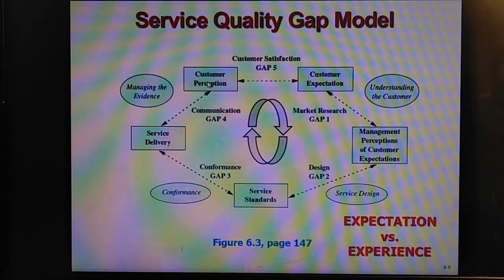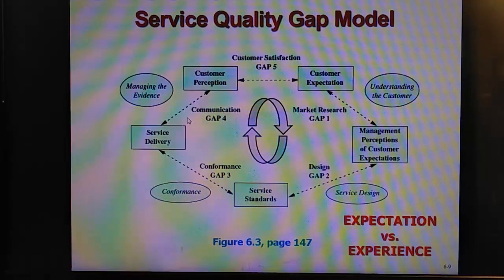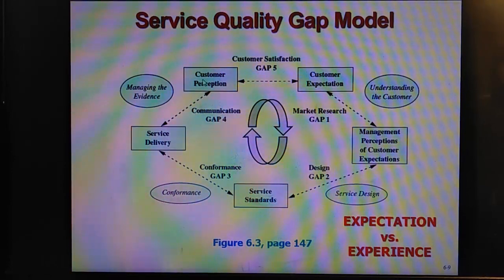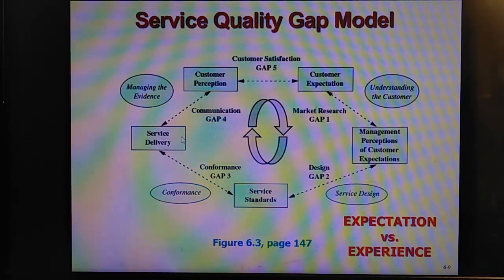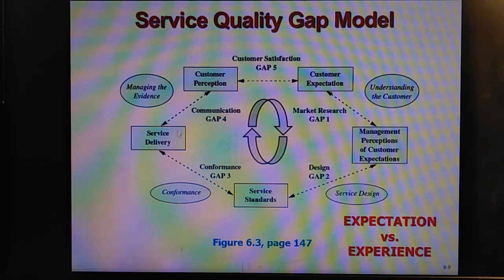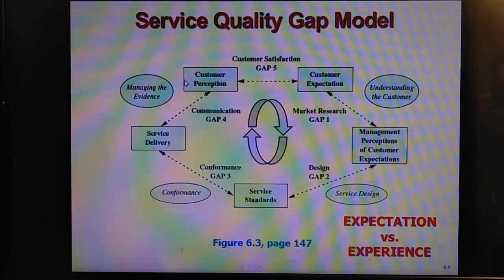So if the service provider communicates clearly to the customer what kind of service delivery they will deliver, and it has made the customer perceive and understand the service delivery, then this communication gap can be closed. And this is normally how customers manage between the perception and service delivery, as far as managing the evidence, the reality of the service.